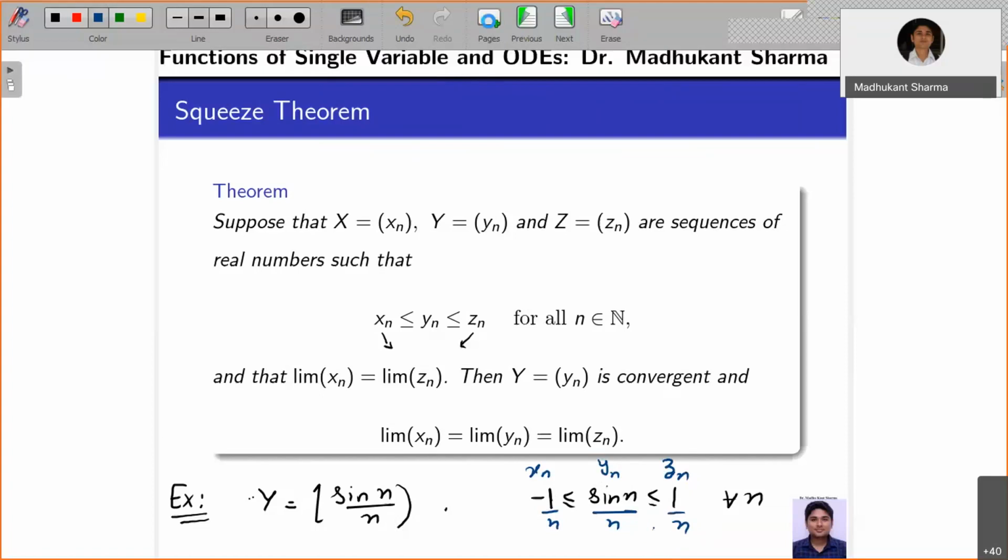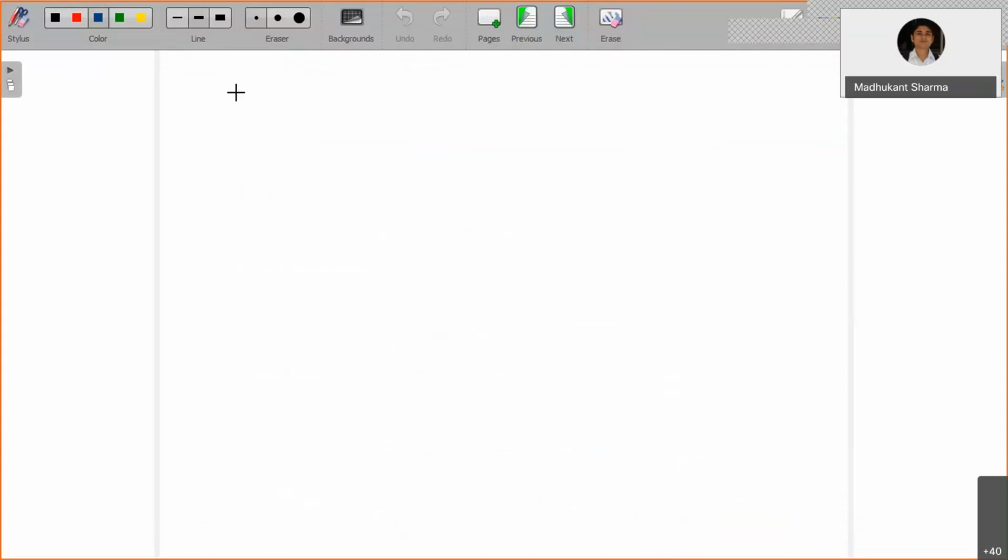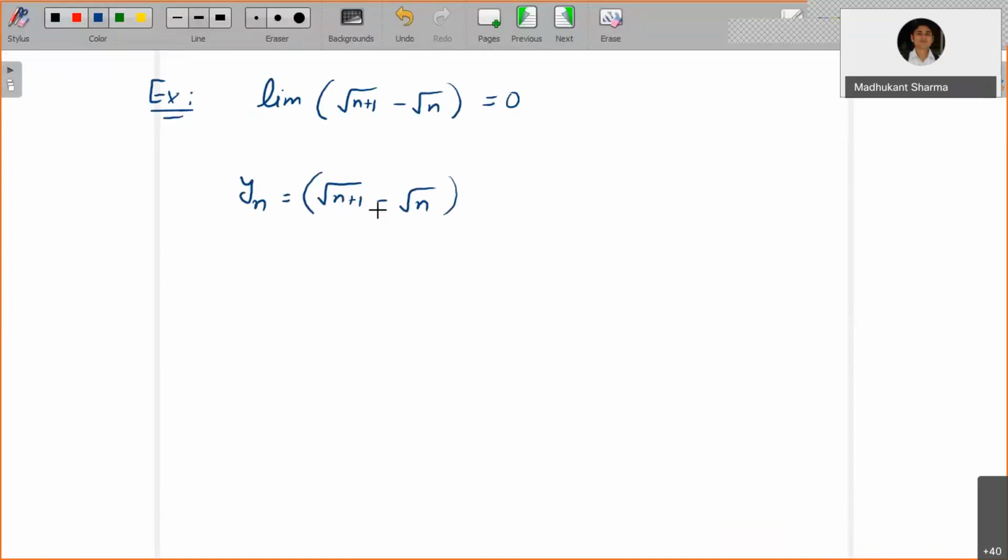Like we have also done one problem, if you recall from the previous one. Another example I'm bringing from the previous example: the limit of square root of n plus 1 minus square root of n is equal to 0. We rationalized this. Let's say yn is equal to square root of n plus 1 minus square root of n. Now you multiply and divide by square root of n plus 1 plus root n.